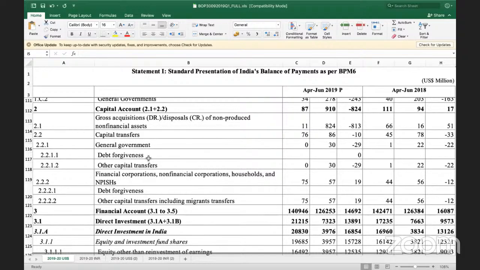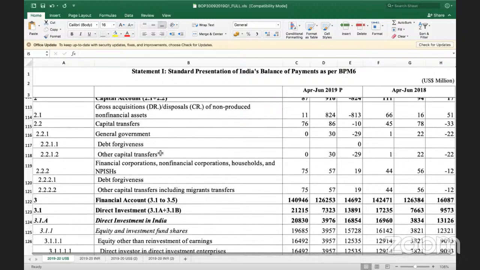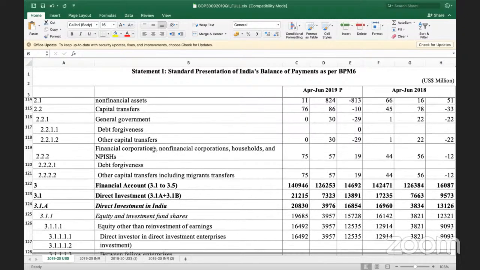You have given a loan and you have forgiven it, or likewise, other countries' governments sanction a loan and they may forgive it. They may strike it off. All that put together.